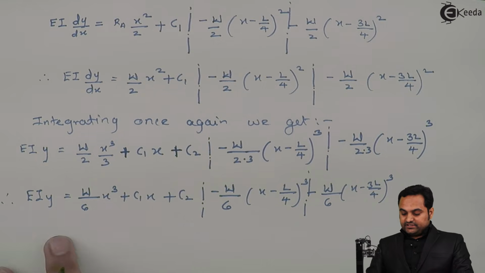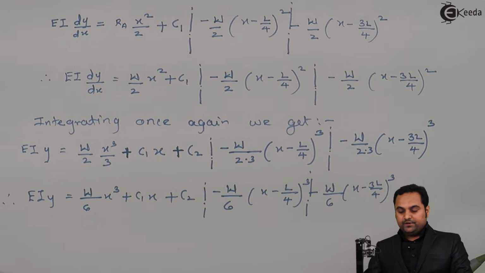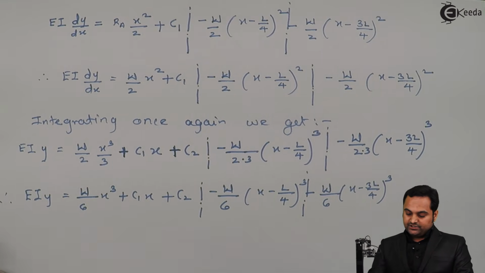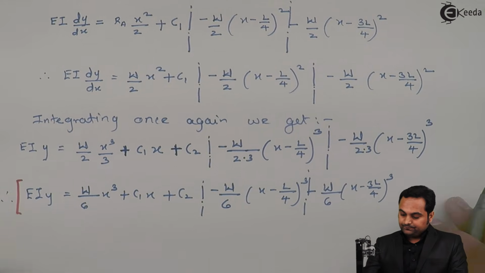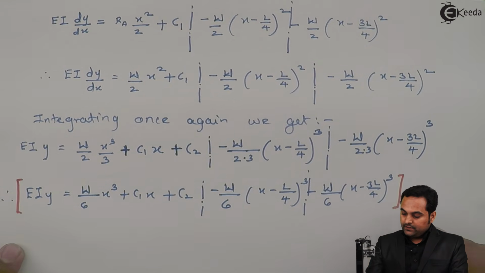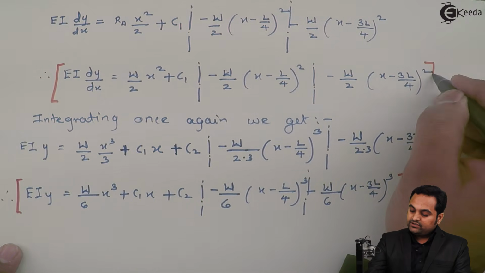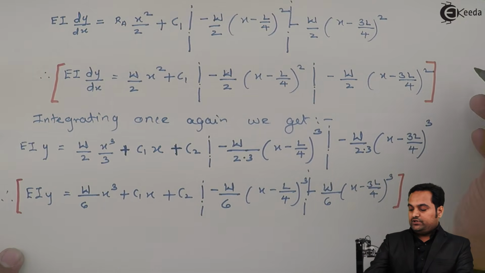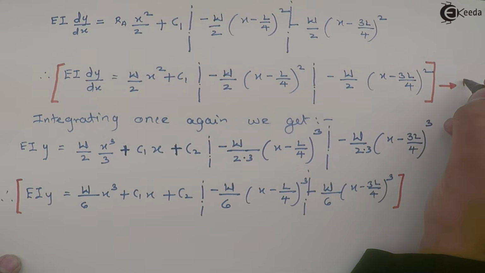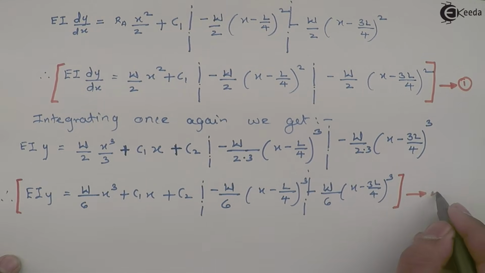So now this equation is the deflection equation, and previously EI dy by dx was the slope equation, so I'll keep this as equation 1 and here is equation 2.